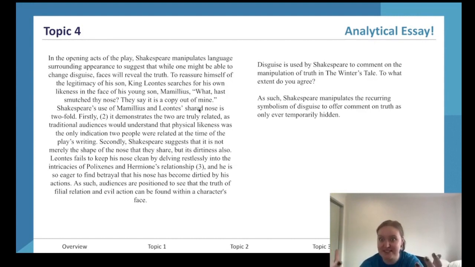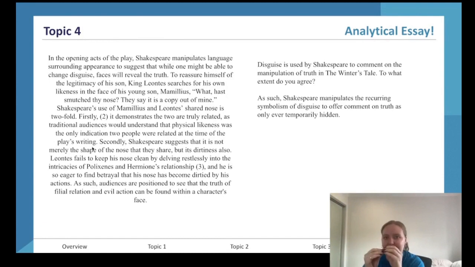So what? What does this mean? What's the analysis here? Shakespeare's use of Mamillius and Leontes' shared nose is twofold. Firstly, it demonstrates the two are truly related, as traditional audiences would understand that physical likeness was the only indication two people were related at the time of the play's writing.